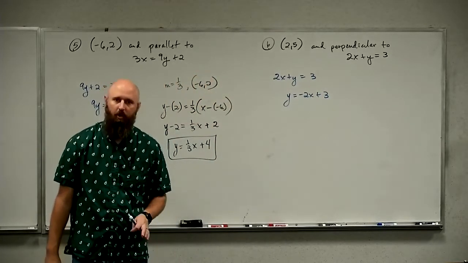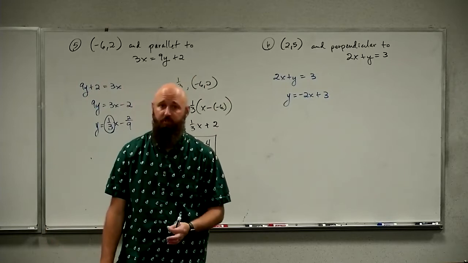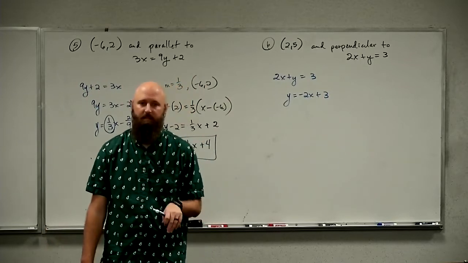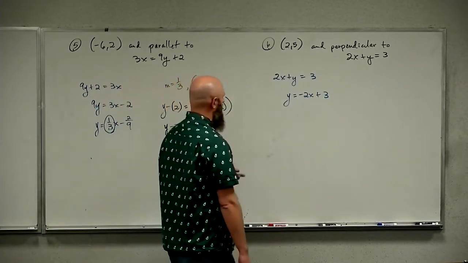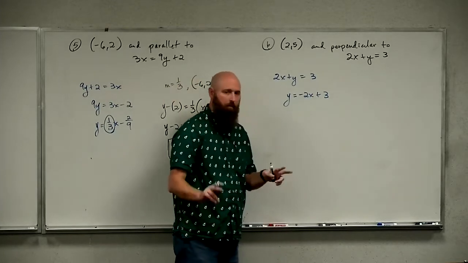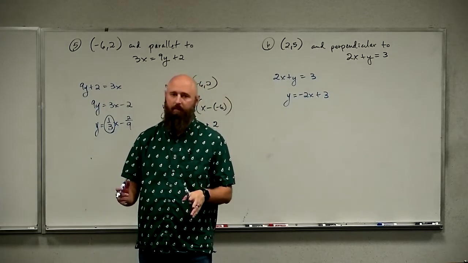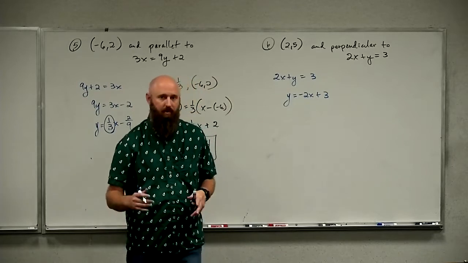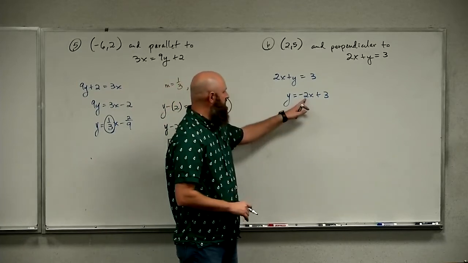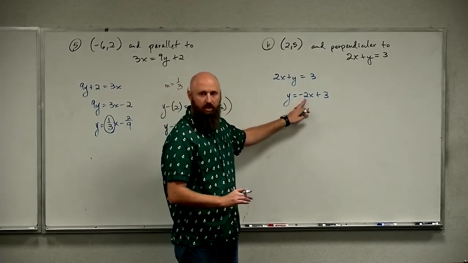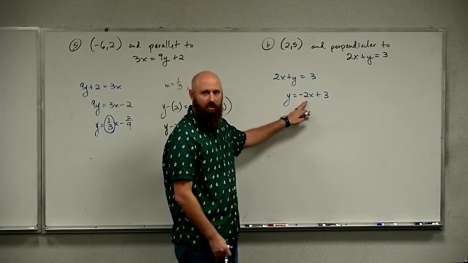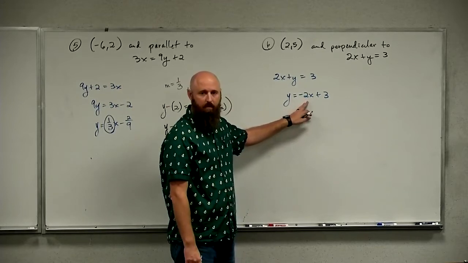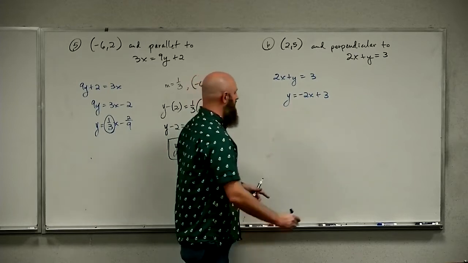Now, parallel slope means use the same thing. So I would use -2 here. But for our purposes, for perpendicular, we need the slopes to multiply together and give us -1. Well, to make that happen, if this is a fraction, we would just flip the fraction and change the sign. But since it's not a fraction, we need to make it a fraction.